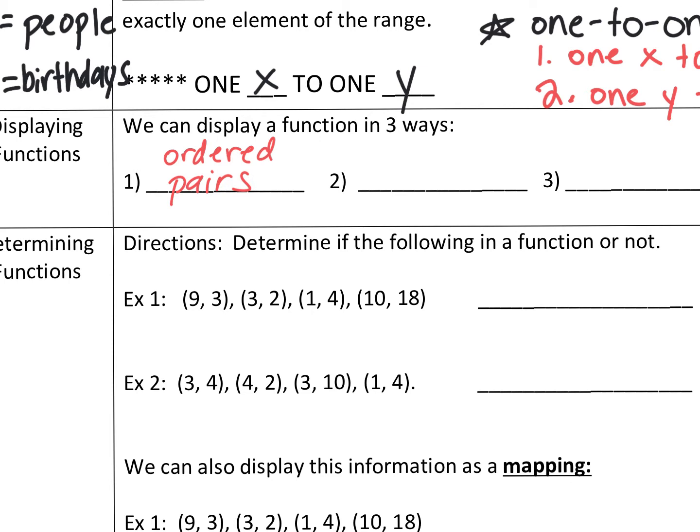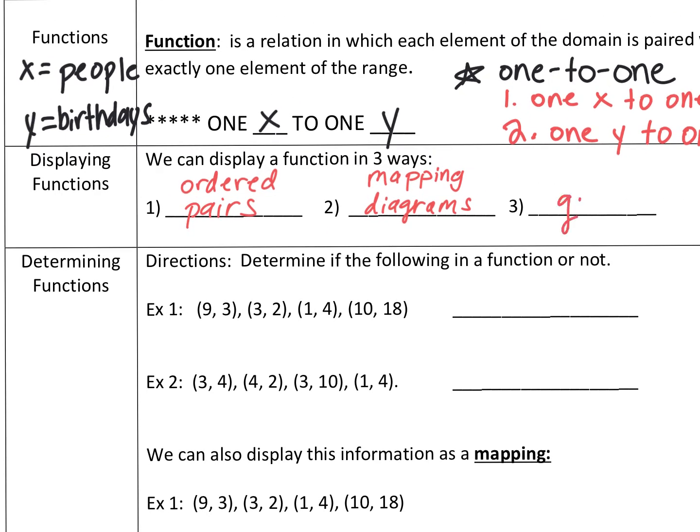We could also put these in a table. Every row in a table is an ordered pair. The second way is through mapping diagrams. You might have seen these before, maybe not. And then the last way is by graph.